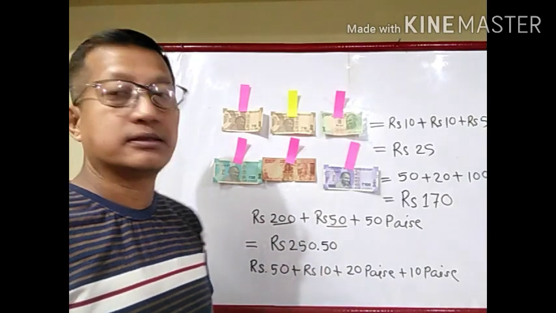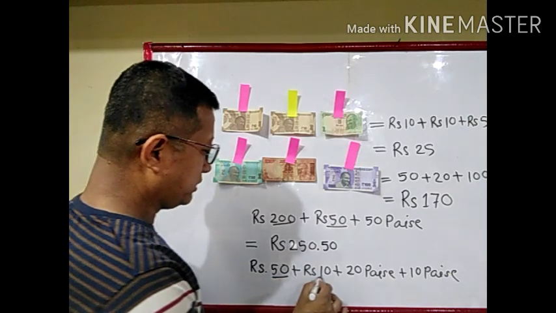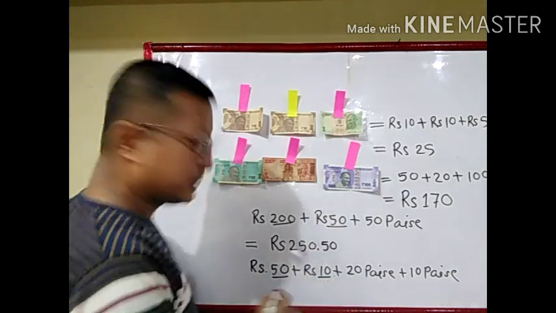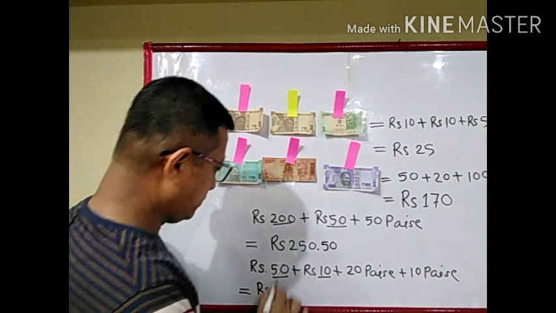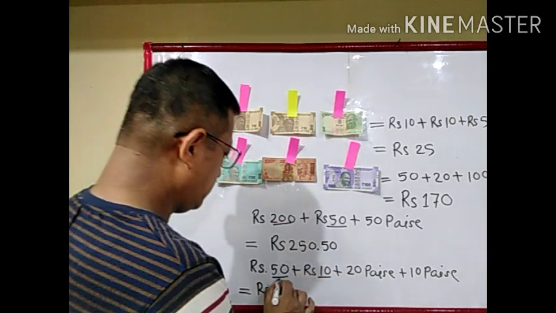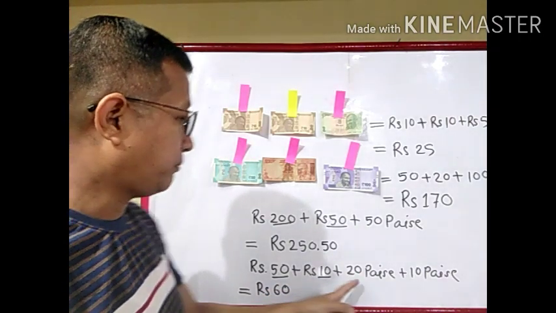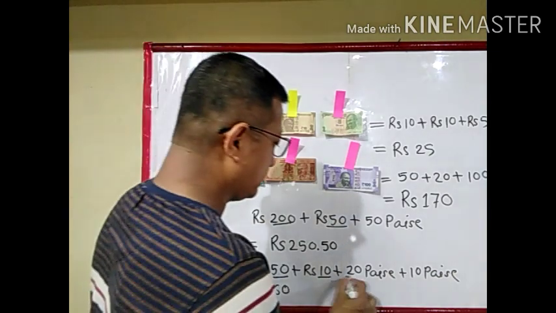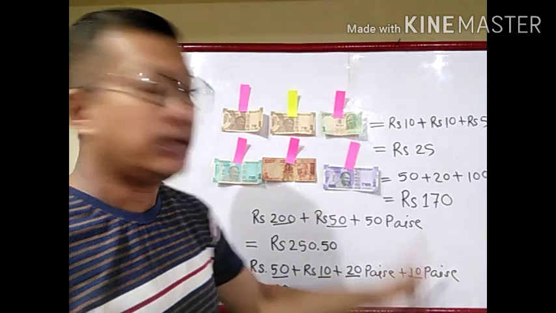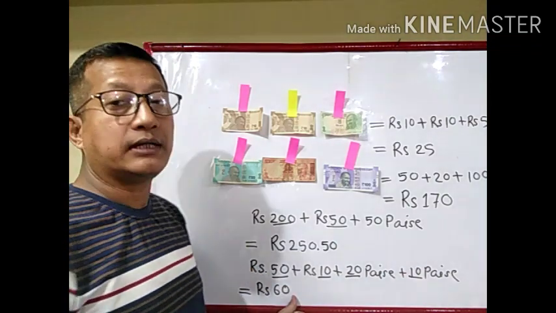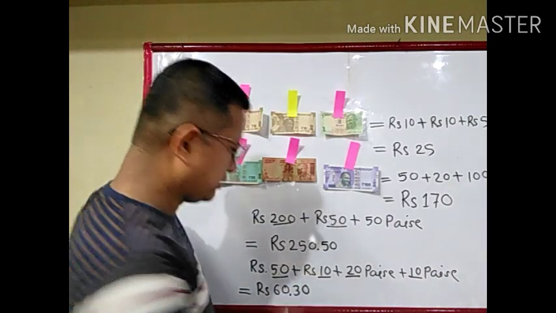How can you write this? For writing this, again all rupees first you add. This one 50 rupees, 10 rupees you add first. So this equals rupees 50 plus 10, 60. Rupees 60 here. And the pies, both the pies you add again: 20 plus 10, 30 pies. And that 30 you write after the decimal point. So give here a decimal point and write here 30.